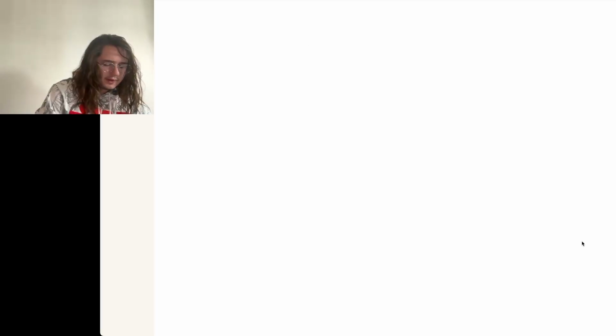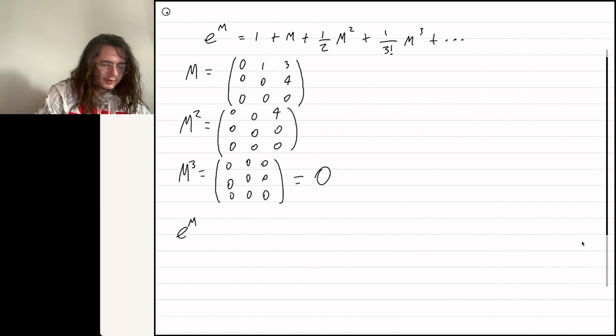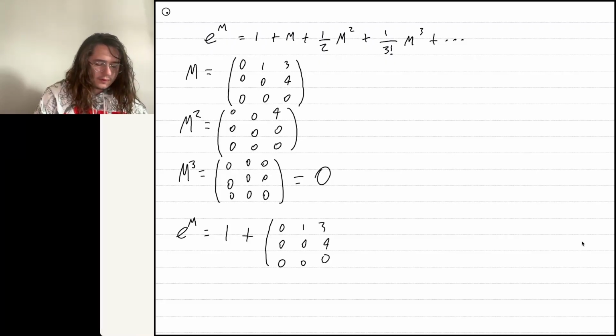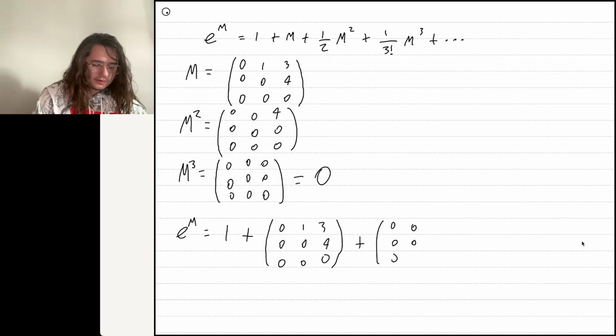So the exponential of this matrix will just look like the identity matrix plus the original matrix 0, 0, 0, 1, 0, 0, 3, 4, 0, plus 1/2 of M squared, which is 0, 0, 0, 0, 0, 0, 2, 0, 0.